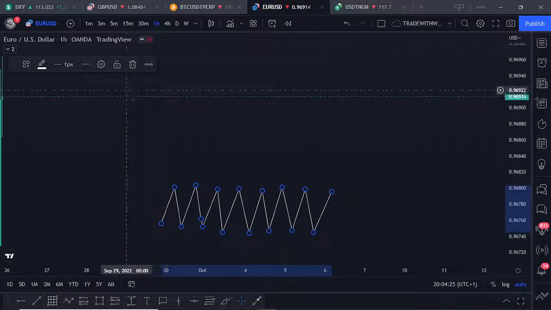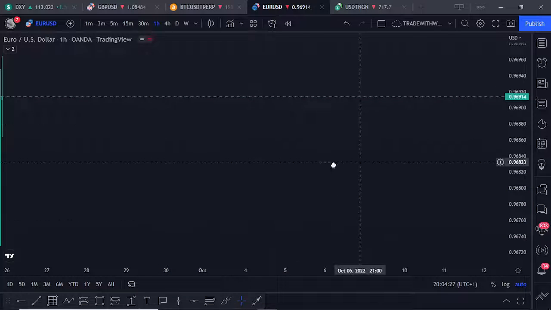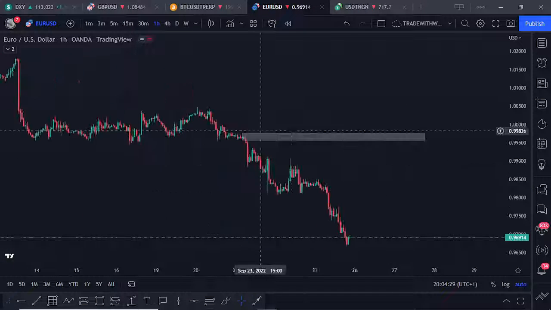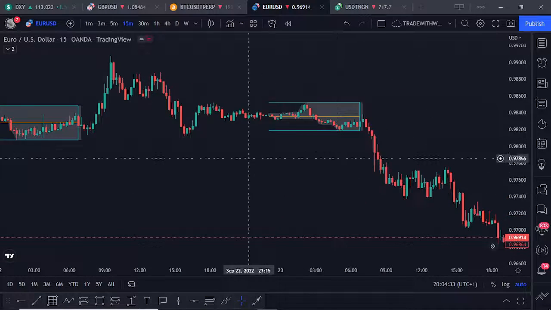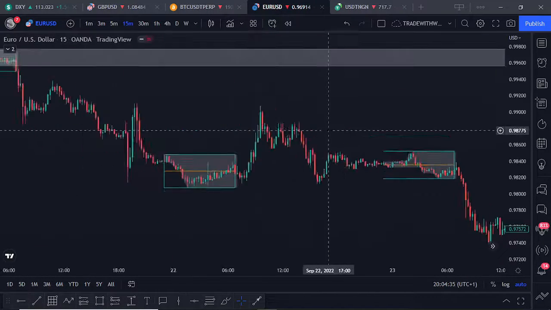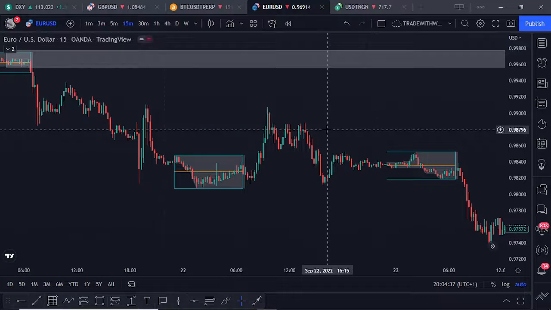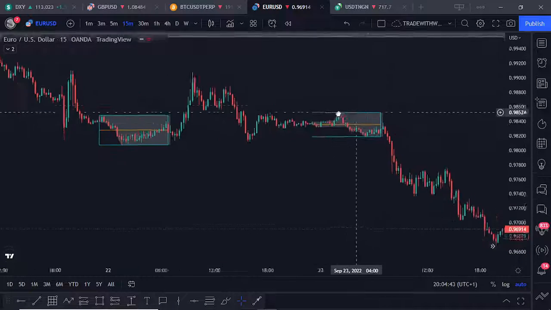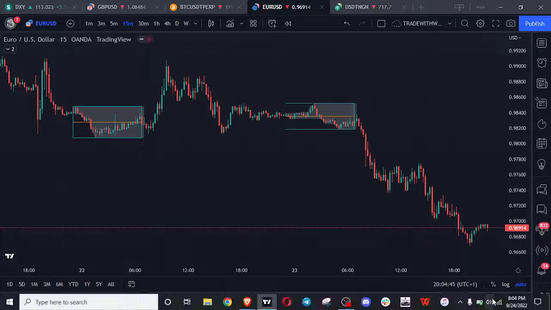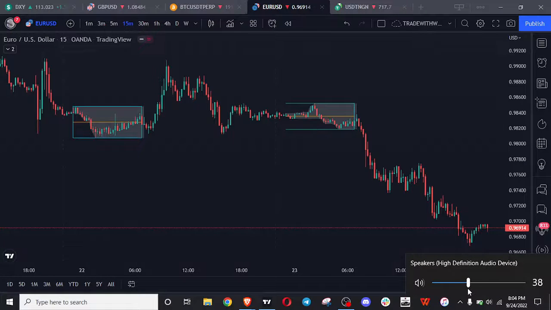I'll go through Asian session liquidity now because it is also very, very important. You can see the Asian session is like a dead session in the markets. Let me reduce my volume because of the sound of the Google Meet.